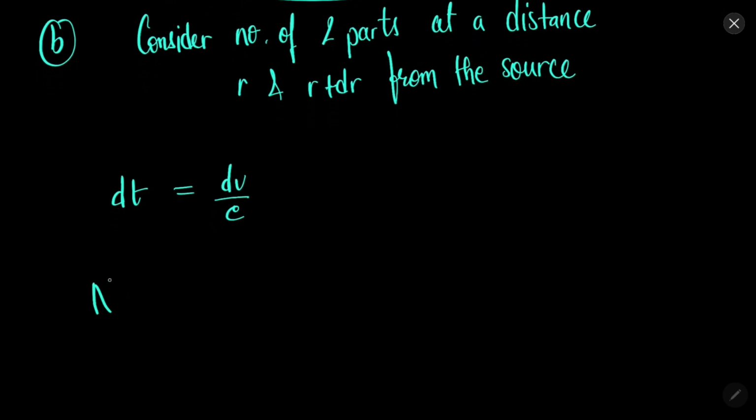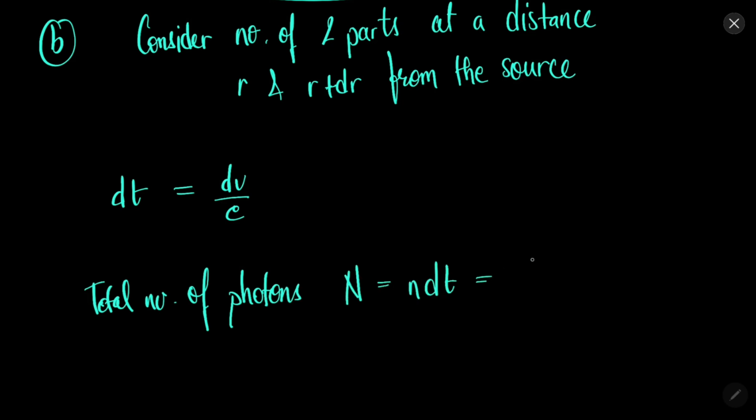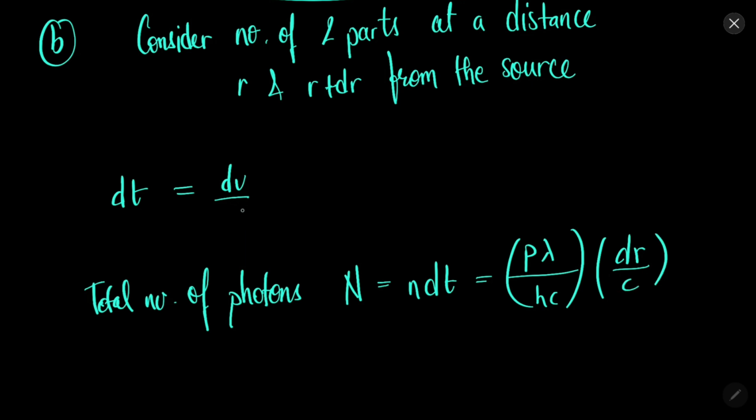So the total number of photons that will be emitted will be n times dt, so P lambda over hc, which is n from the previous example, and dt is dr over c, because time is distance over speed.